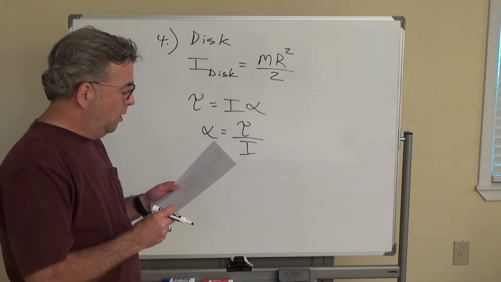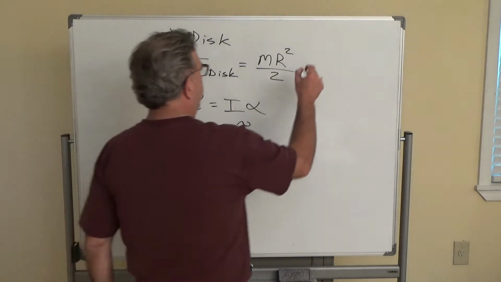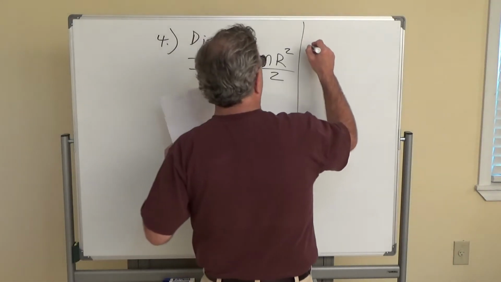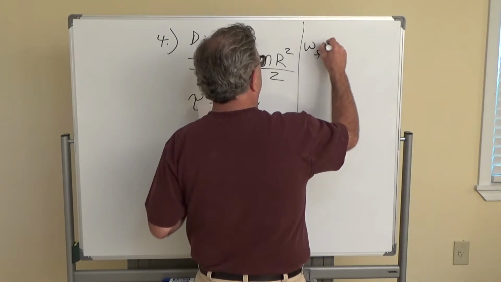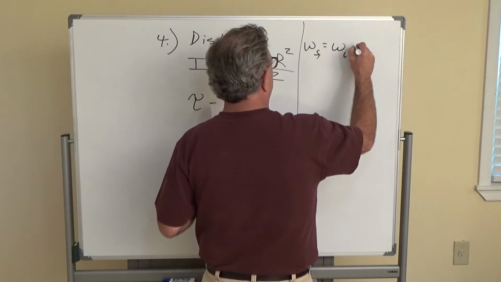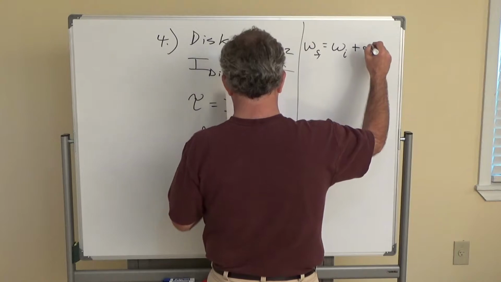All right. Once you have that, then it's just like problem 1. Omega final is equal to omega initial plus alpha t.